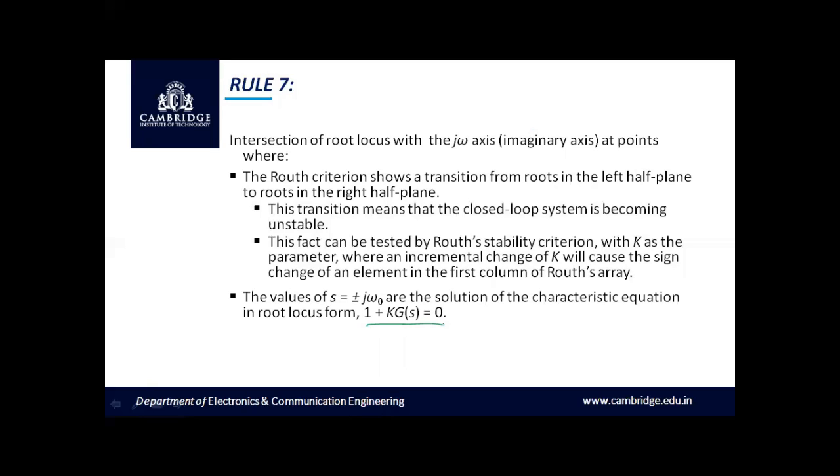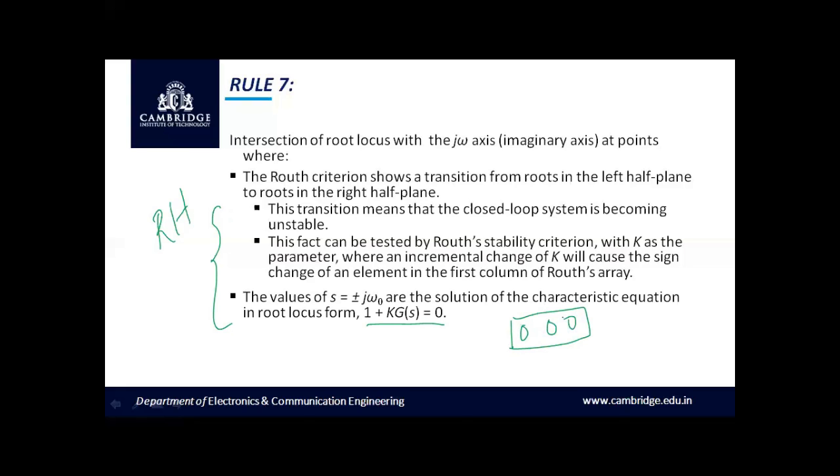This is very clear that rule number 7 is completely related to the RH criterion. So we have to generate the RH array first, then interpret the RH array, finding the range of K, and we have to find out the K margin at which the system becomes marginally stable. That is with respect to case 2, in which the complete row becomes 0.